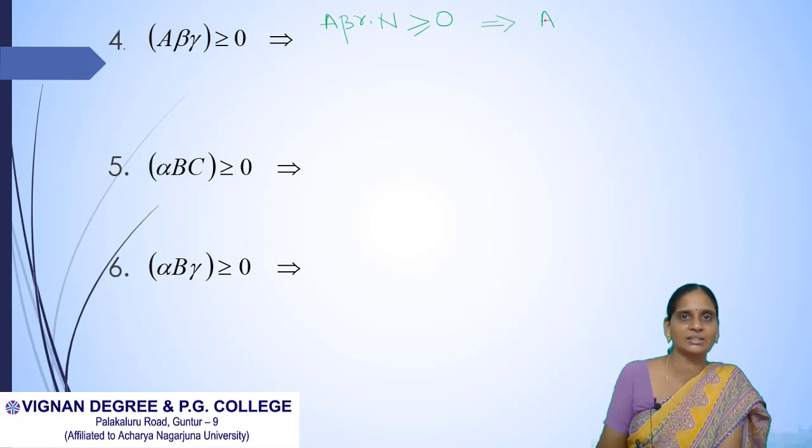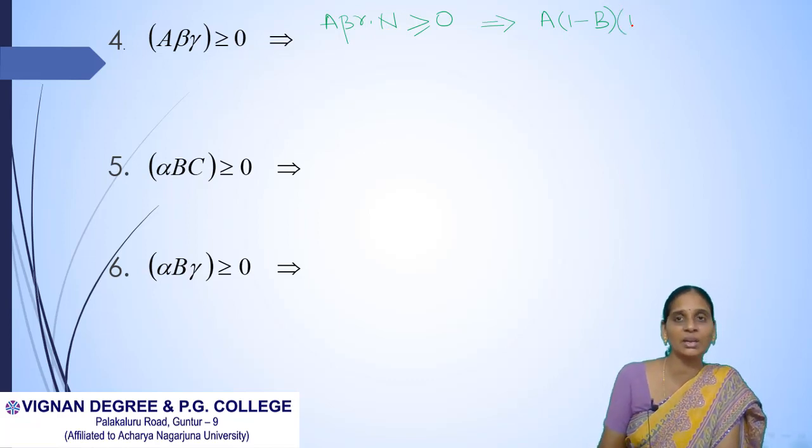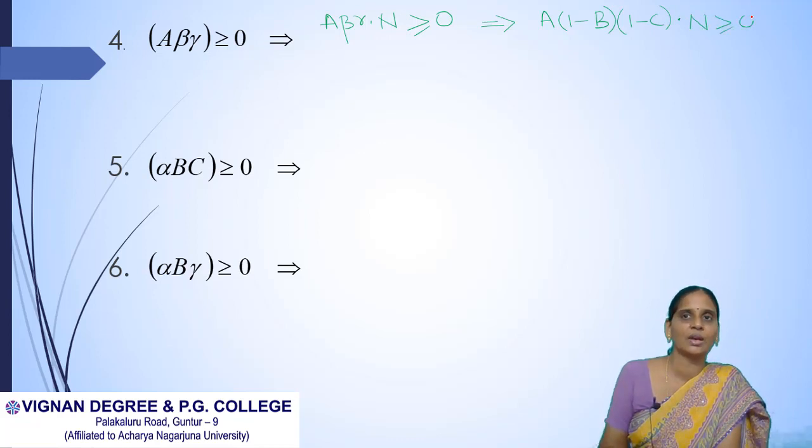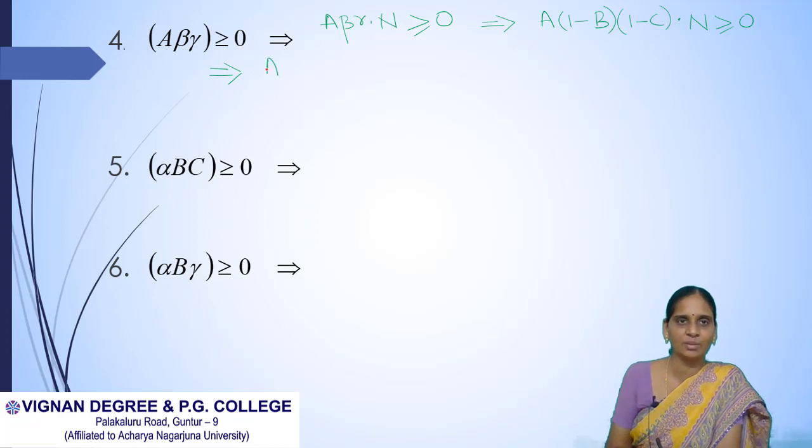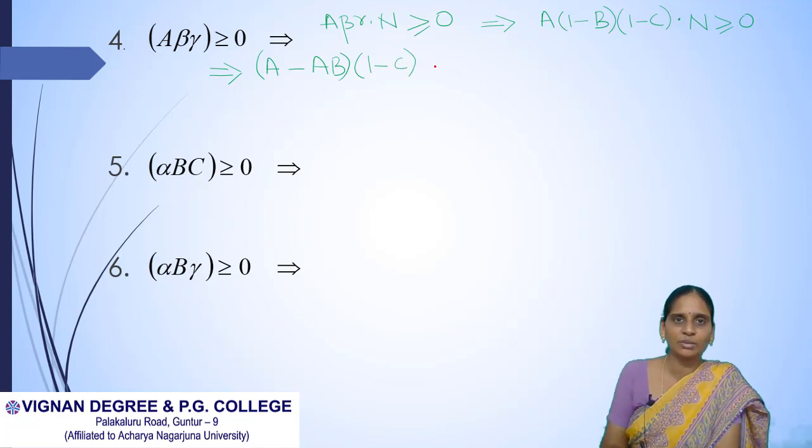Again, this implies A into beta can be replaced by the operator 1 minus B, gamma can be replaced by the operator 1 minus C, into N, which is greater than or equal to 0. Now we have to multiply A into 1 minus B. We get here, I am writing A minus AB into the remaining bracket 1 minus C into N, which is greater than or equal to 0.